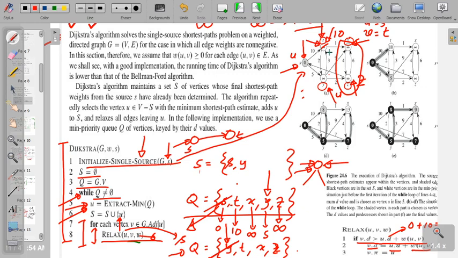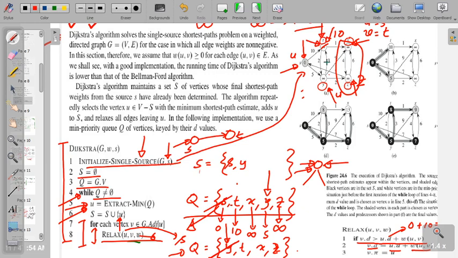I am taking the decision locally. Whatever is the minimum, I am taking. I am not checking all possible combinations like dynamic programming does. Just whatever is minimum I am picking up, and then let's see what is happening.